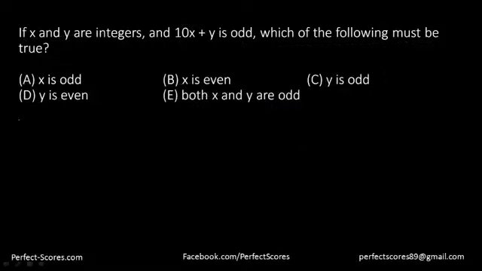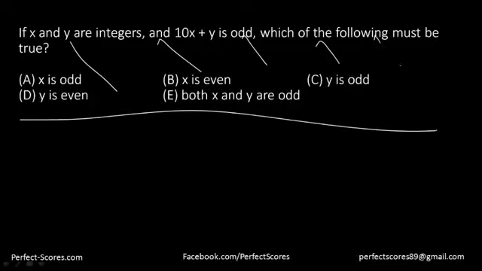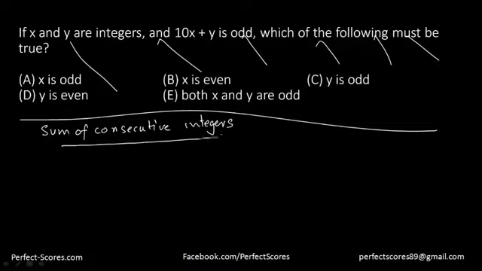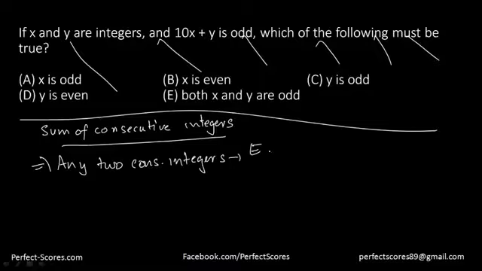Now let's suppose, just forget about the question totally, I'm talking about the sum of consecutive integers. What is the sum of any two consecutive integers? If the first number is even, then the second number would be odd, the sum would be odd.